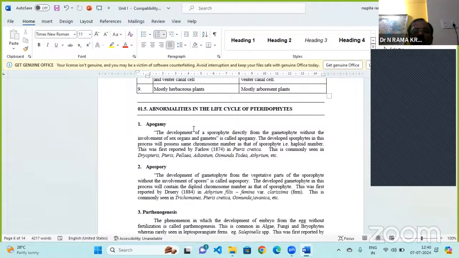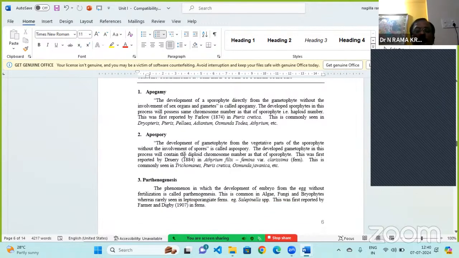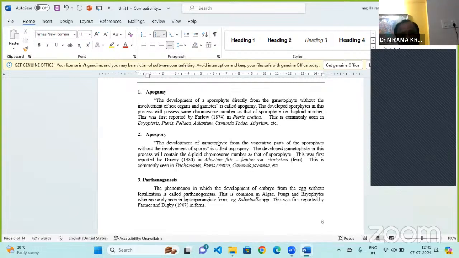One more point is apospory. What is the meaning of apospory? It is the development of the gametophyte from the vegetative parts of the sporophyte without involvement of spores. It is similar to apogamy, but that was without gametes, and this is without spores. The gametophyte developed in this process will contain the diploid chromosome number, the same as the sporophyte.